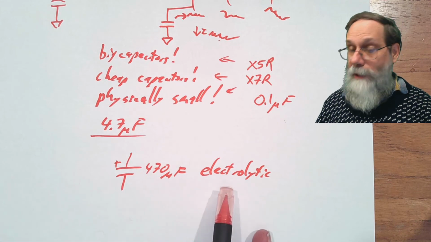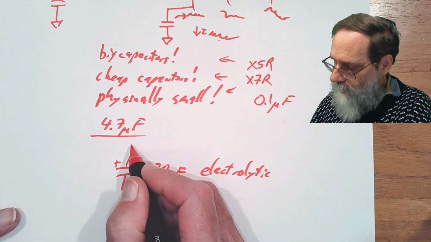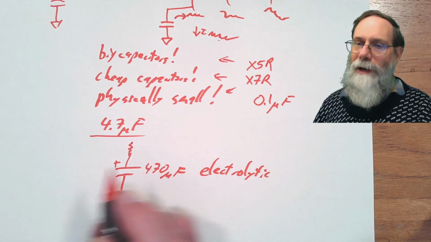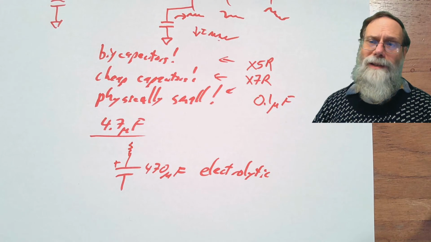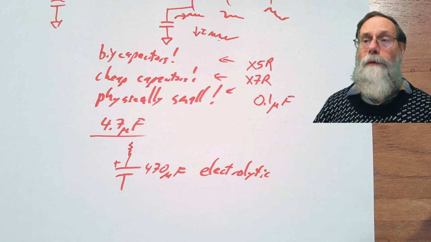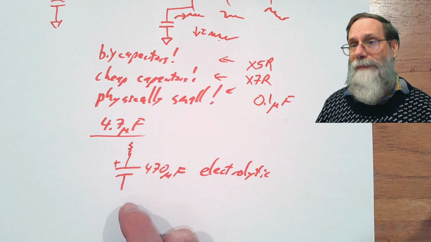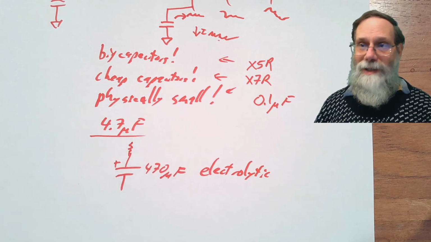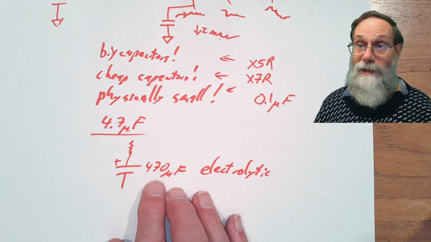The electrolytic capacitors have a fairly large equivalent series resistance, so you really need to model them as a resistor in series with a capacitor. And that means that they don't do such a good job of removing high frequency noise, because the resistance here is substantial enough that you don't get the reduction you might want to see or might expect from just this big a capacitor.